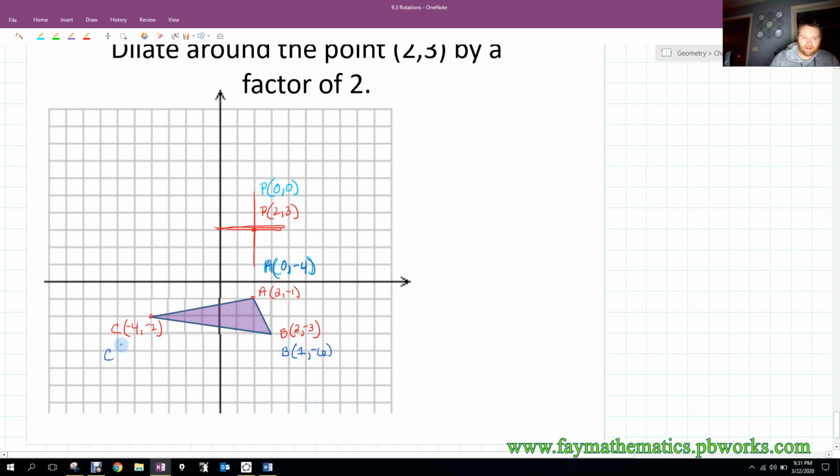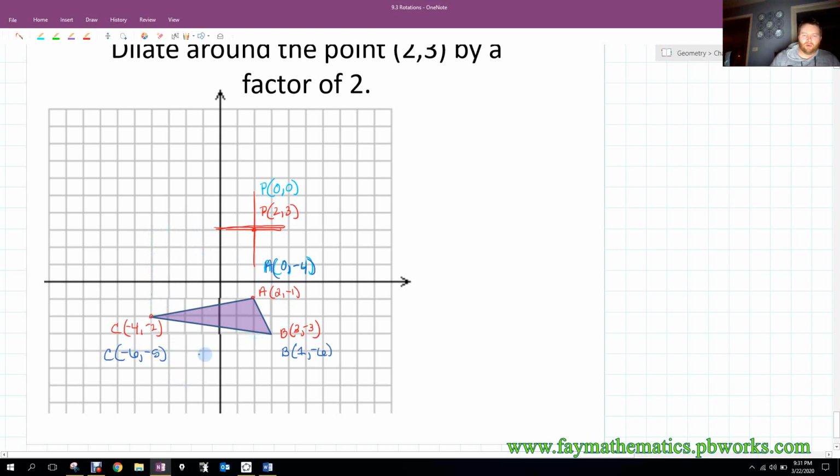So for C, I'll take negative 4 minus that 2, so negative 6, and then negative 2 minus that 3 would give me negative 5. Again, to verify that, go from here, left 1, 2, 3, 4, 5, 6, and then down 1, 2, 3, 4, 5.